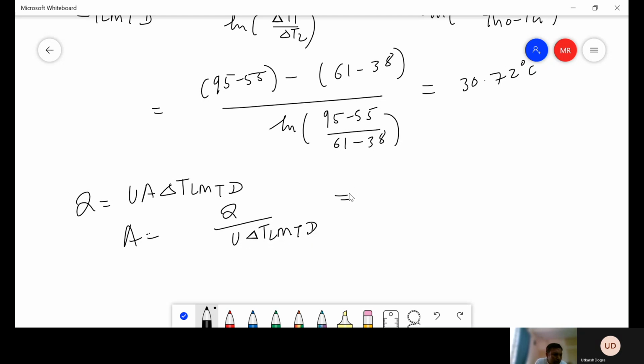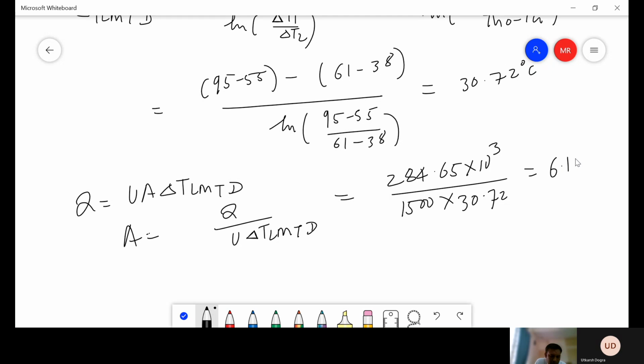Q we have already calculated, 284.65 into 10 raised to power 3, divided by U, which is already given in the problem as 1500, into delta T LMTD we just calculated, 13.72. So this comes around 6.177 meter square. This is the heat transfer area.